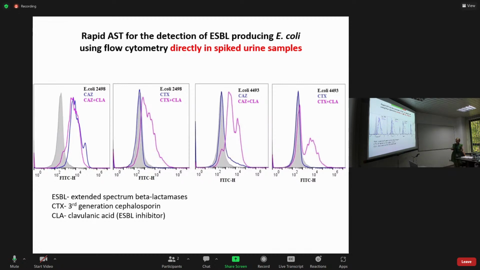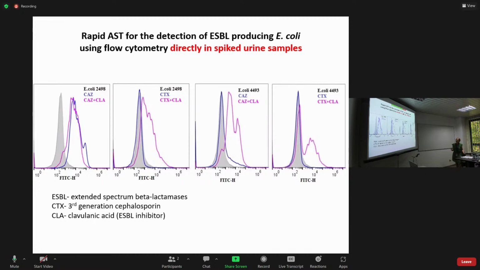So we have tested these ESBL producing bacteria in the presence of ceftazidime, so ceftazidime alone is not active, and in the presence of ceftazidime, the third generation cephalosporin, combined with the inhibitor of ESBLs. And we are expecting that the clavulanic acid is inhibiting the enzyme, and the third generation cephalosporin will become active.